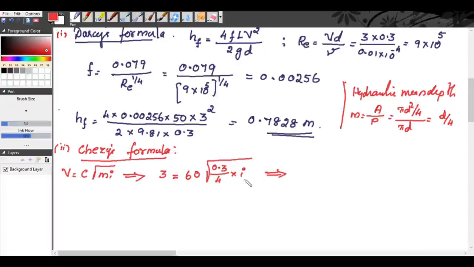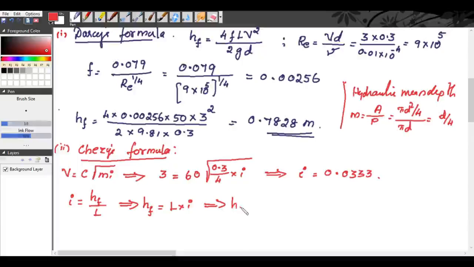So i is the hydraulic gradient, from which we get i is equal to 0.0333. And we know i, the hydraulic gradient, is nothing but the head loss due to friction divided by L, h by L. So from which the only unknown is HF. HF is equal to L into i.